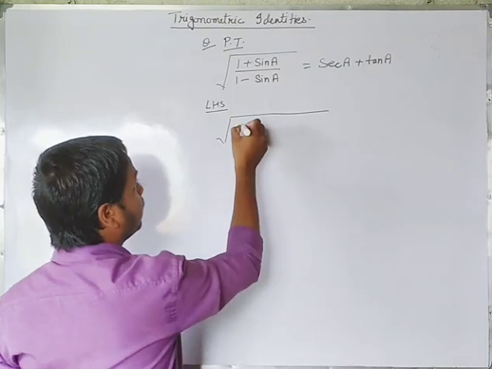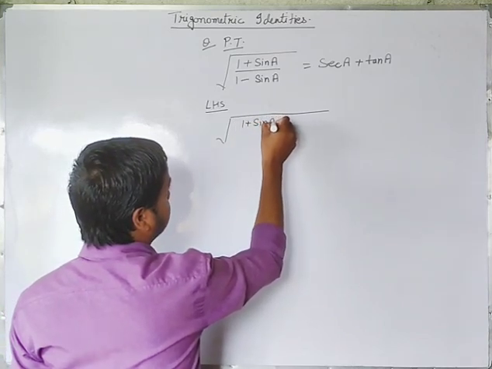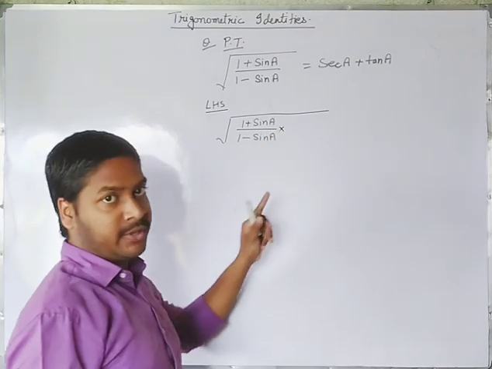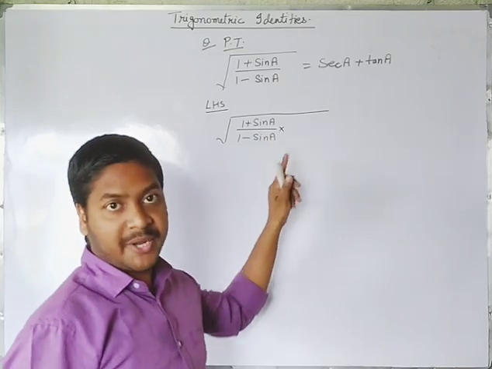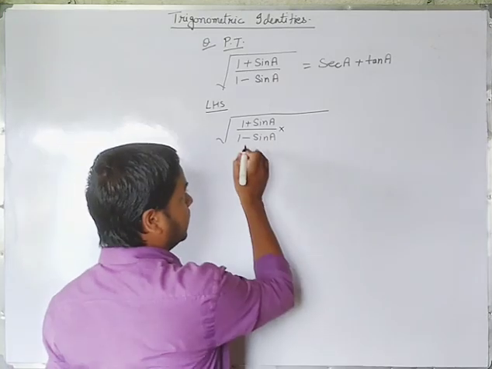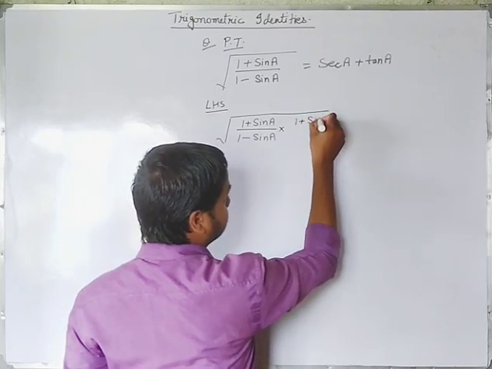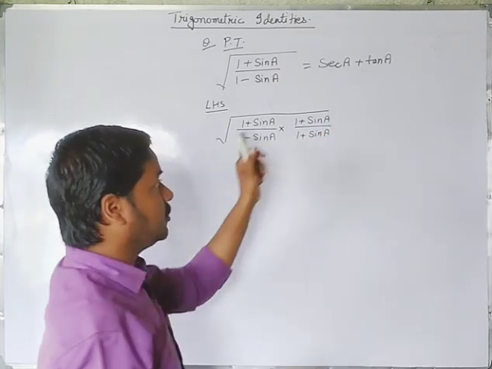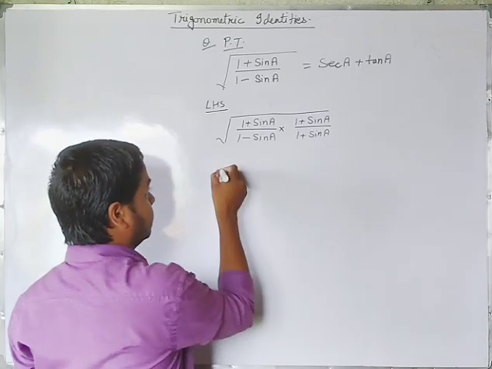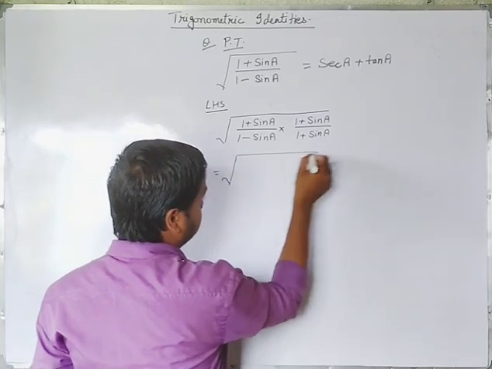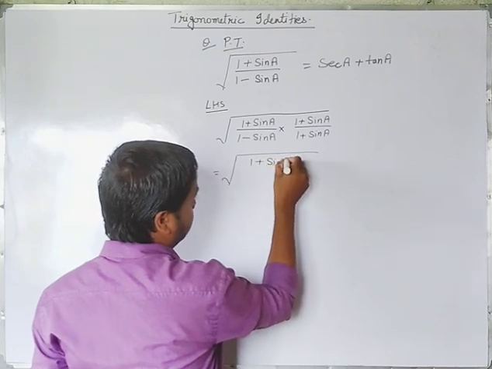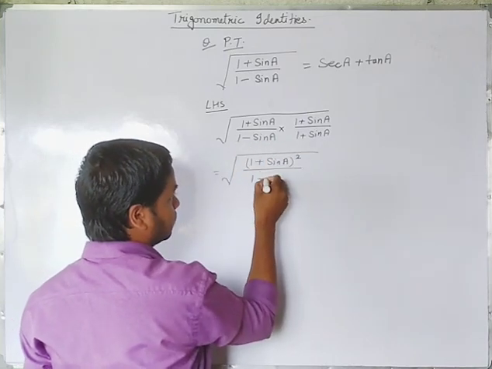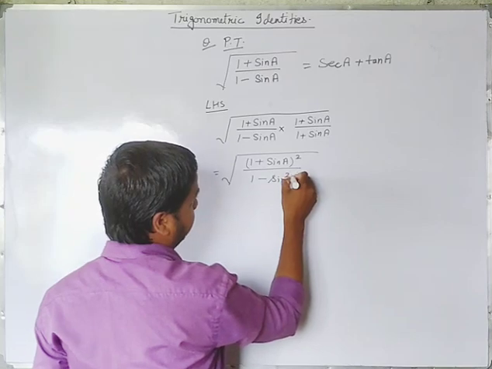Root of (1 plus sin A) by (1 minus sin A) into, we know the process of rationalization, multiply up and down by the denominator term with its sign changed, so 1 plus sin A by 1 plus sin A. Here in the numerator both are the same, so it can be written as (A plus B) whole square under root: (1 plus sin A) whole square, and the denominator is (A minus B) and (A plus B), which is 1 minus sin square A.